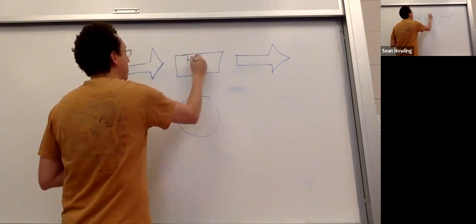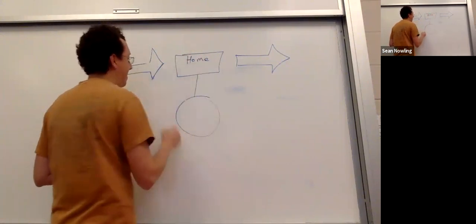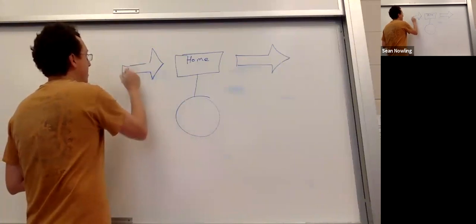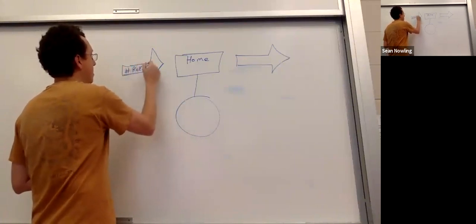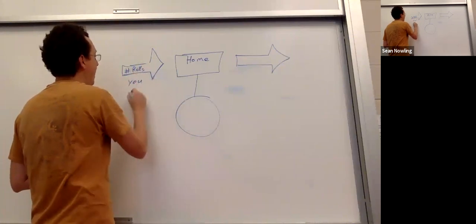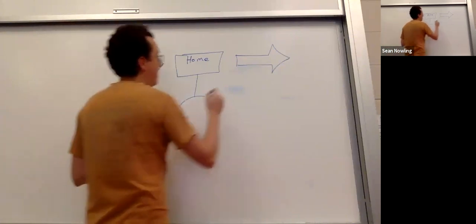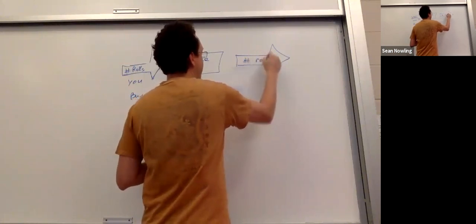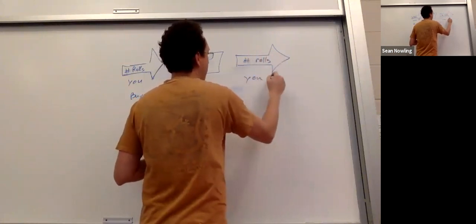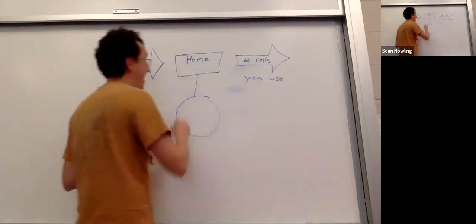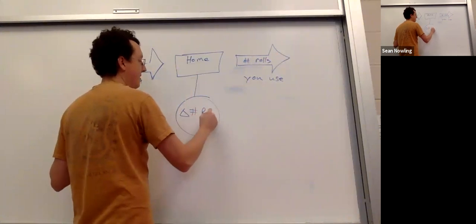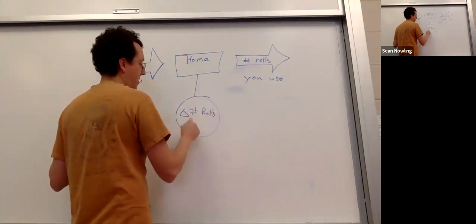These are the number of rolls you buy. On the other hand, this could be the number of rolls you use. And then that's going to tell you the change in the number of rolls in your house.